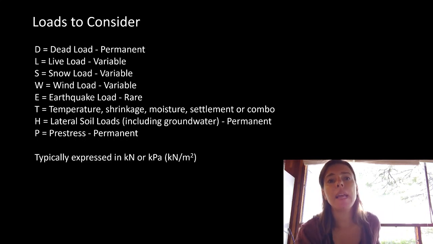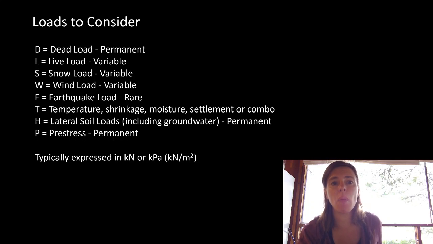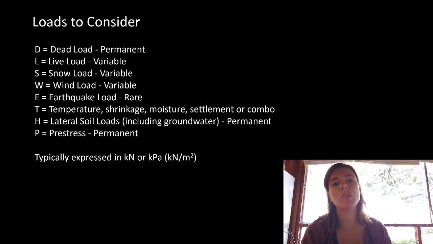We often illustrate these in kilonewtons. Remember, 1 kilonewton is about 225 pounds, or kPa. kPa is pressure, and the units for it are another way of writing kilonewton per meter squared. That's saying that we have 1 kilonewton over a 1 meter by 1 meter square zone.